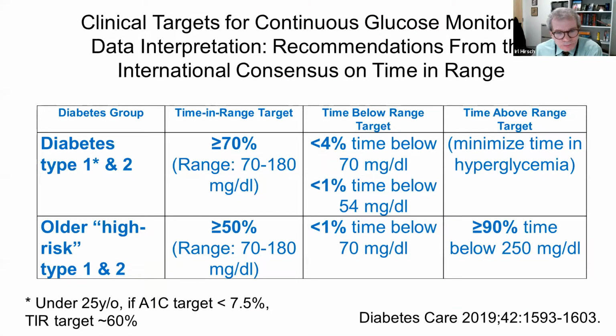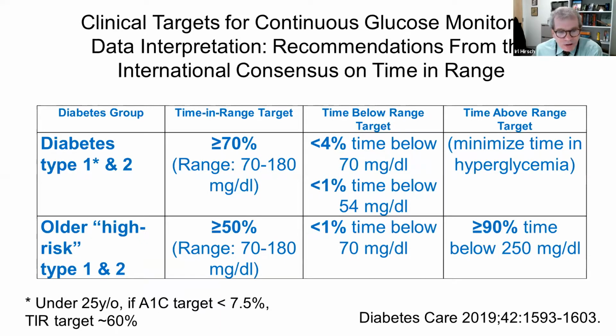And so time in range is actually, by definition, from a consensus conference that we published a couple of years ago, defined as 70 to 180. And so therefore, time below range is, by definition, less than 70.